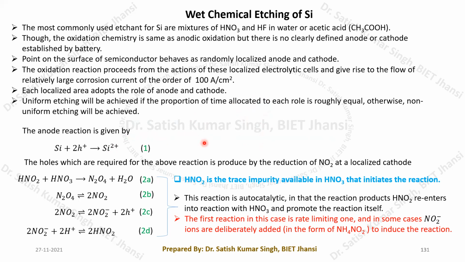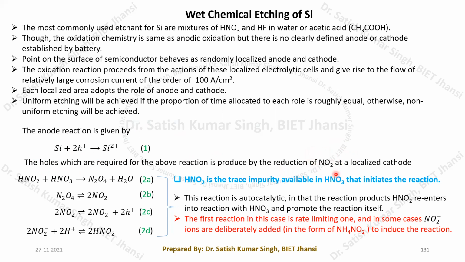Then how can these holes be supplied to this silicon so that it can be converted into positive silicon ions? Basically, this happens due to certain chemical reactions. So what are those chemical reactions that we have to understand? Here I have written that the holes required for the above reaction are produced by the reduction of NO2 at the localized cathode.